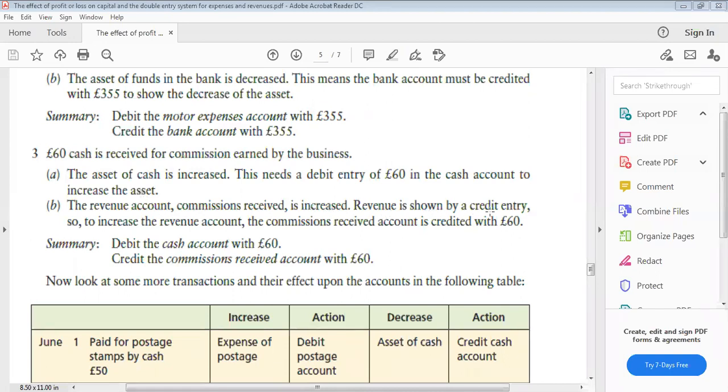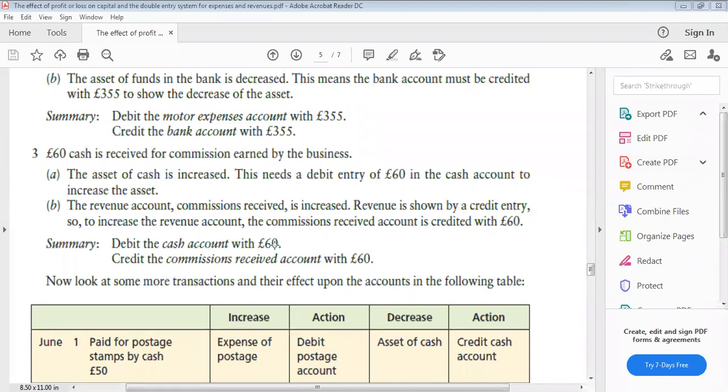Revenue is shown by a credit entry. So, to increase the revenue account, the commission received account is credited with $60. So it will be debit the cash account with $60 and credit the commission received account with $60.